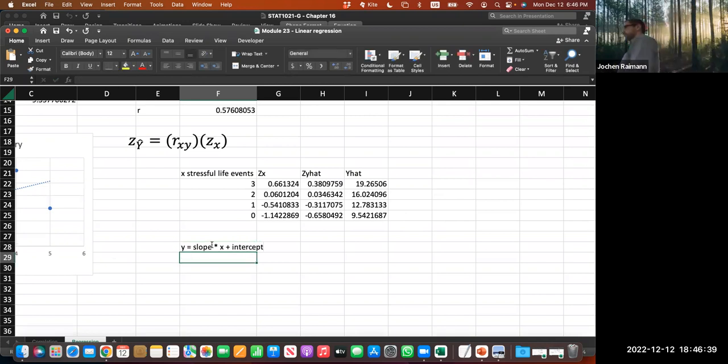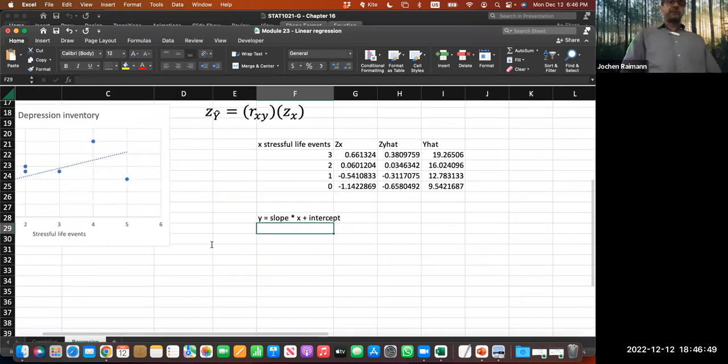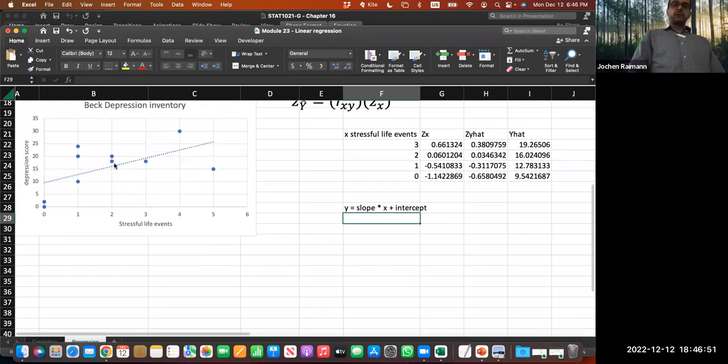The slope is the difference from one x to the next x, a numerical increase of 1 in the independent variable, gives you basically the slope. So if we want to know that slope, if we take the difference between 2 and 3, that would be the increase, right? With 1 unit of the independent variable.